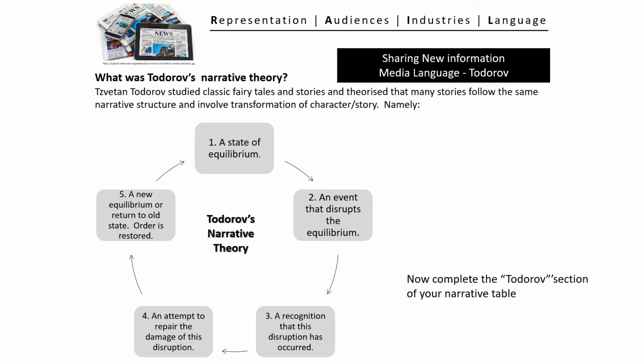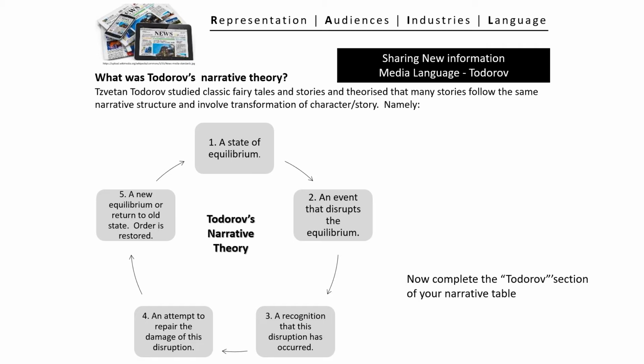Something happens to disrupt the equilibrium. That is basically where the story kicks off. The characters recognize that the disruption has occurred. They attempt to repair that disruption, and that leads to a new equilibrium or a return to the original state. And that's Todorov's narrative theory.